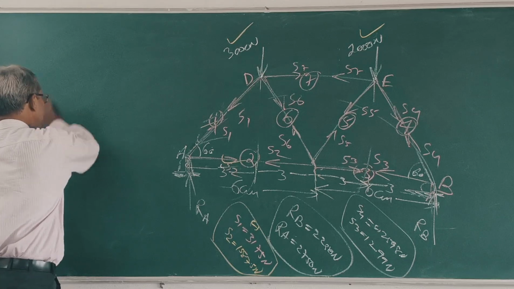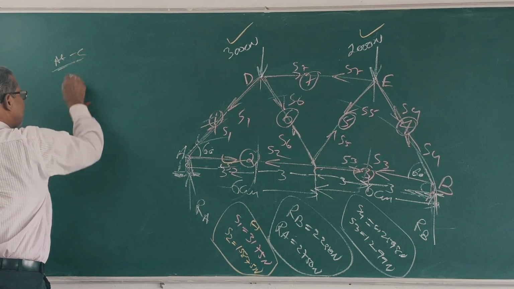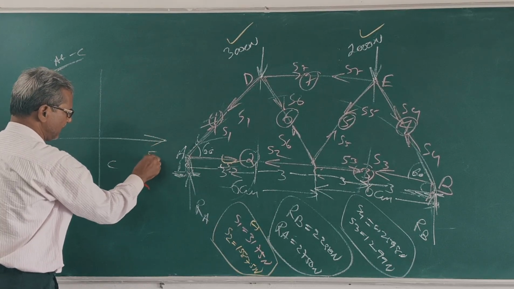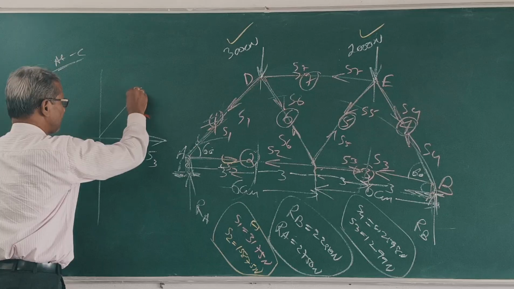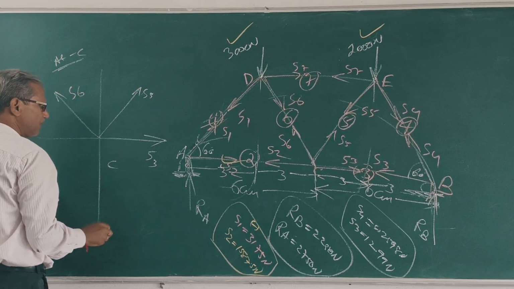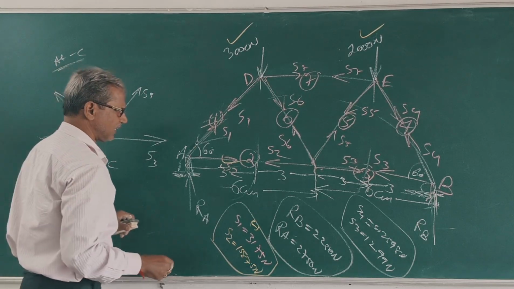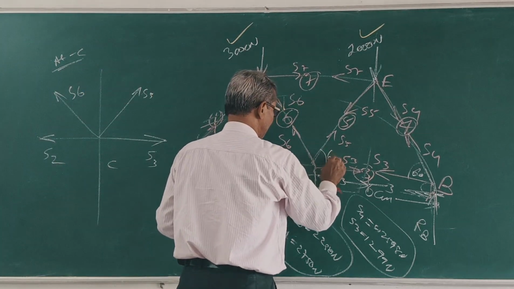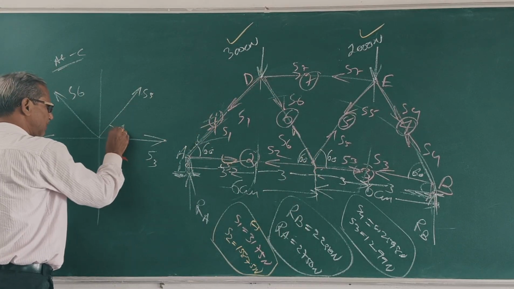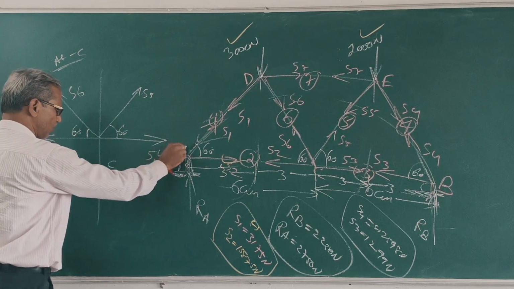At point C, this is S3, this is S5, this is S6, this force is S2. Angle is 60 degree, as given in the question. Clear? Now these answers are already found out.